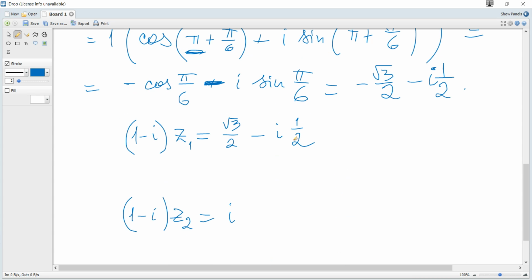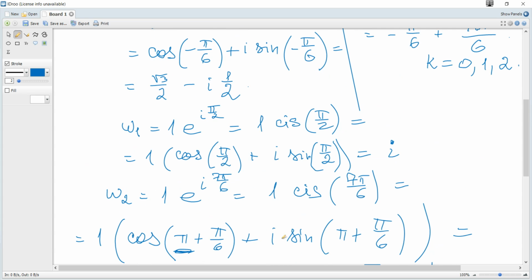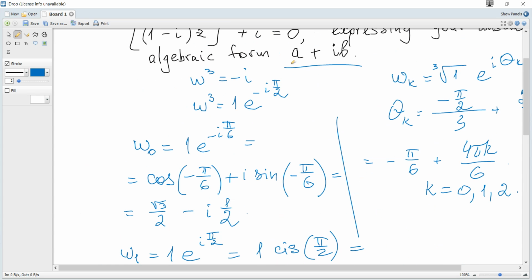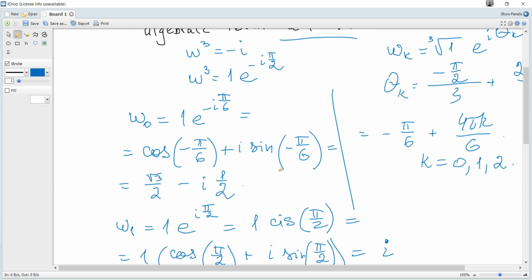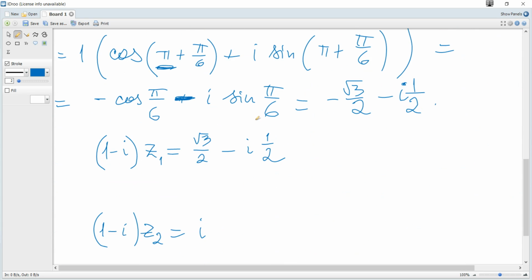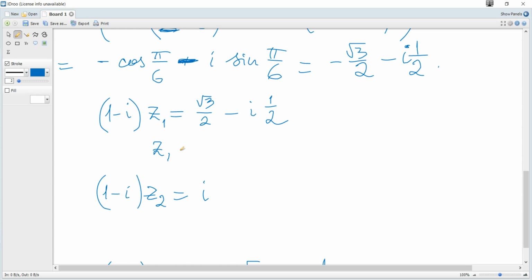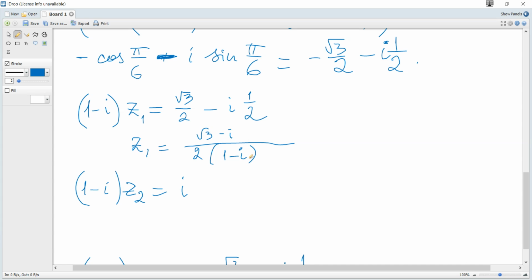But finally we need to give our answers in the usual form a plus ib, so we need to rearrange a bit, and hence z1 becomes root 3 minus i over 2 divided by 1 minus i, and we need to get rid of i in the denominator, and as usual we multiply by the complex conjugate to get 1 squared minus i squared, which is 1 minus negative 1, 2, times 2, 4.